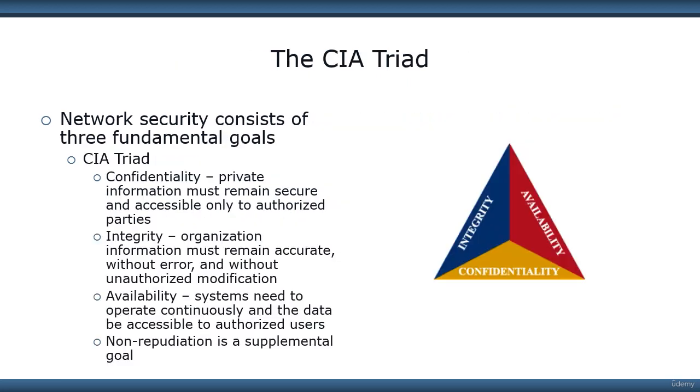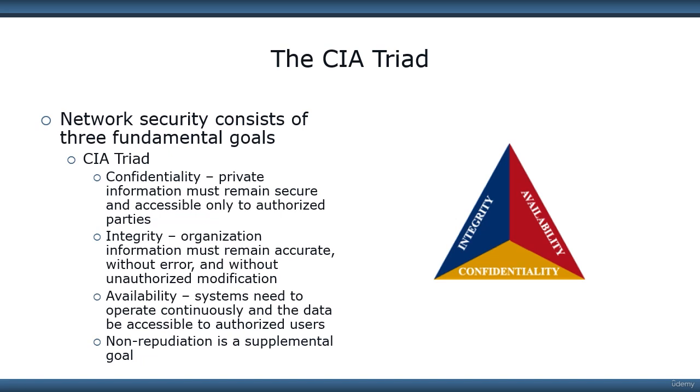So let's start with what's called the CIA triad, CIA standing for confidentiality, integrity, and availability. These are the three fundamental goals as it relates to network security. Confidentiality is that private information needs to remain secure and accessible only to authorized users. That data should be confidential from the rest of the world.